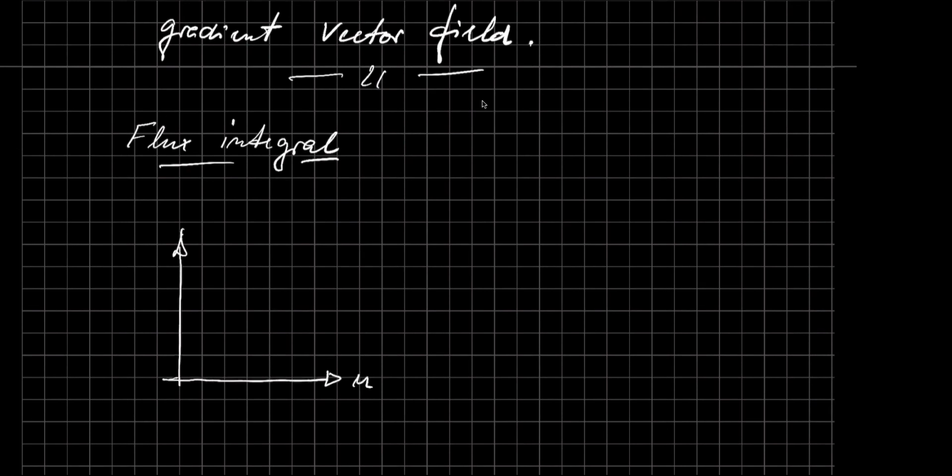Here I call them u and v. And u varies between a and b, and v varies between c and d. So it is simply this rectangle here. It's a square, apparently.